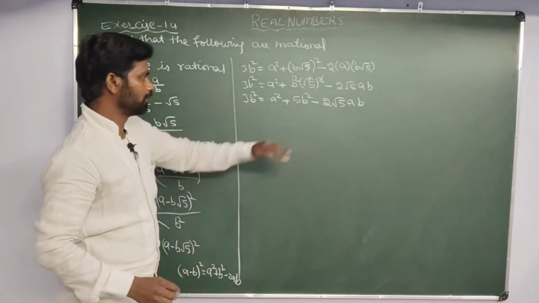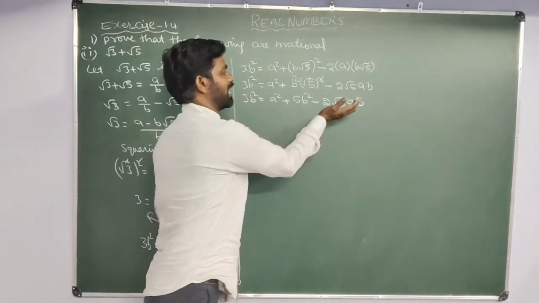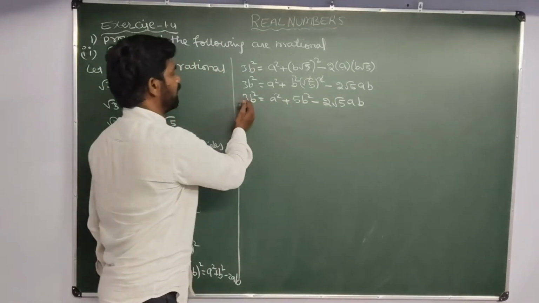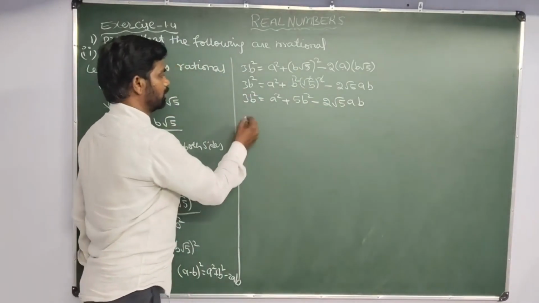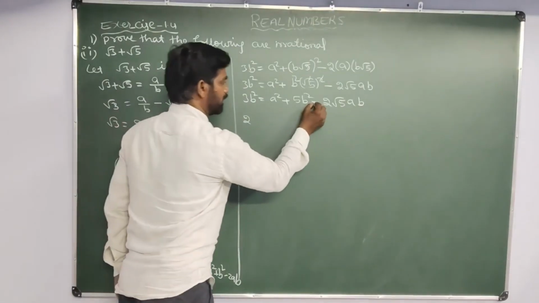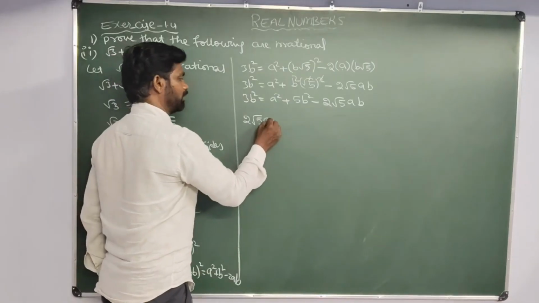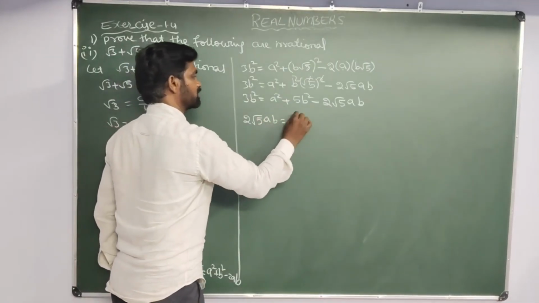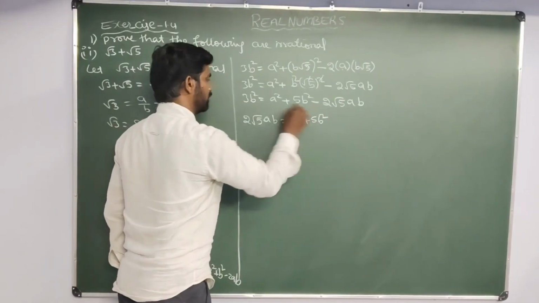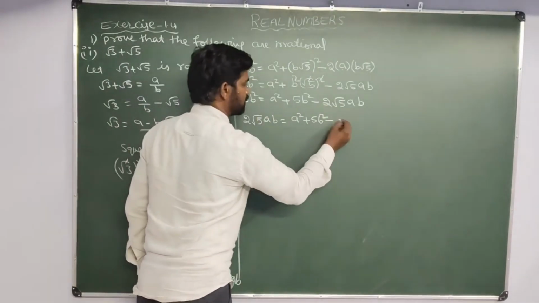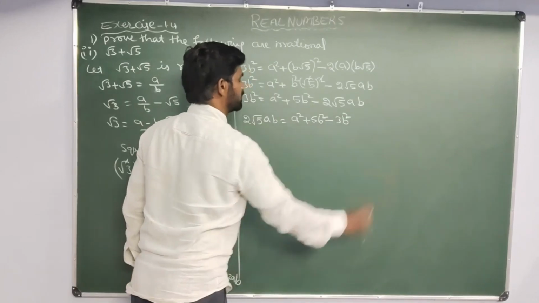So in the next step, transform this part to this side and 3b square to RHS. So what happens? Here it is negative. If I bring it to LHS, it becomes positive. 2 root 5 ab is equal to a square plus 5b square minus 3b square, when transformed to RHS.